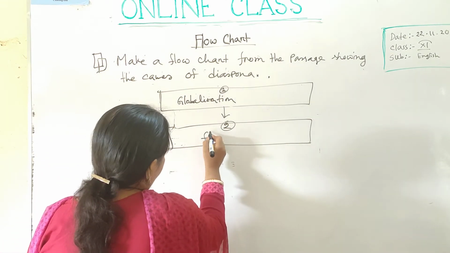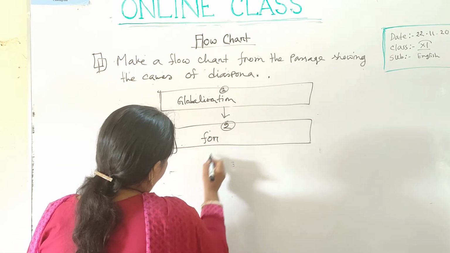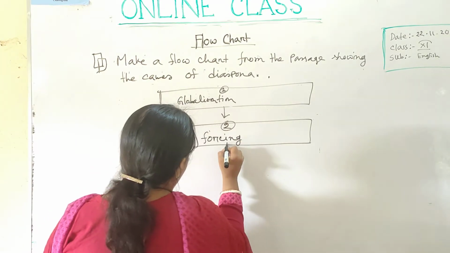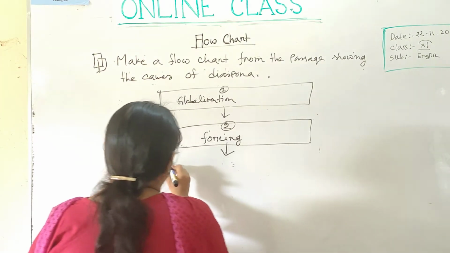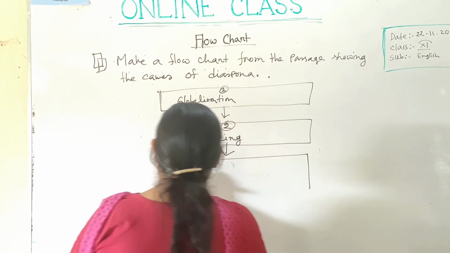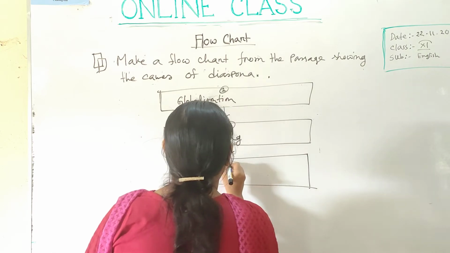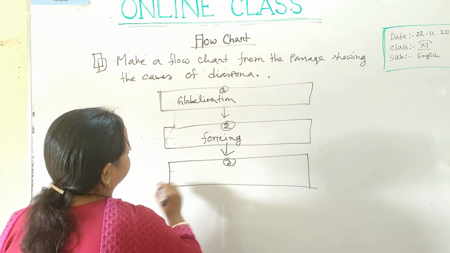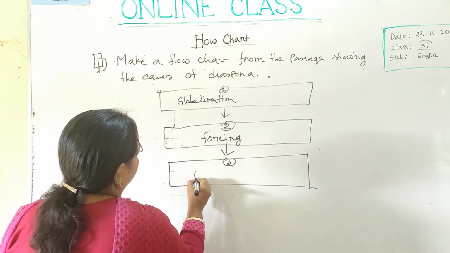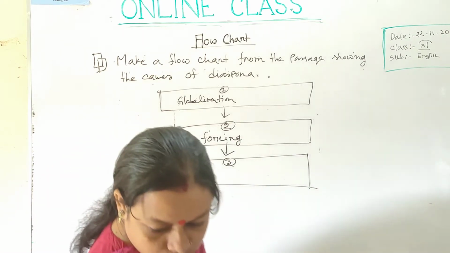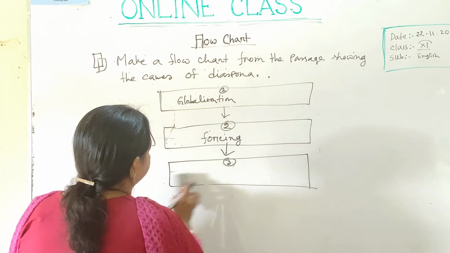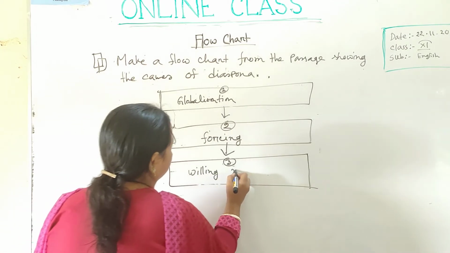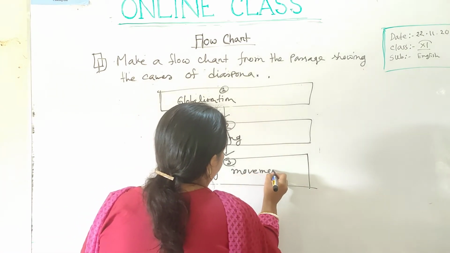Globalization, then you can write forcing, then show a flow. Number 3, show another cause, that is wheeling movement.